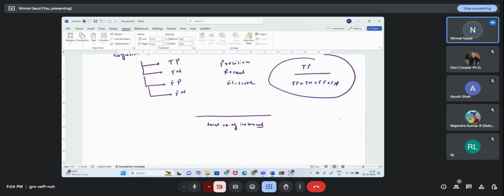In the denominator it should be total instances, and in the numerator it should be correct predictions. So correct predictions are TP and TN, and this is all the predictions. So correct predictions divided by all predictions, that is called accuracy.